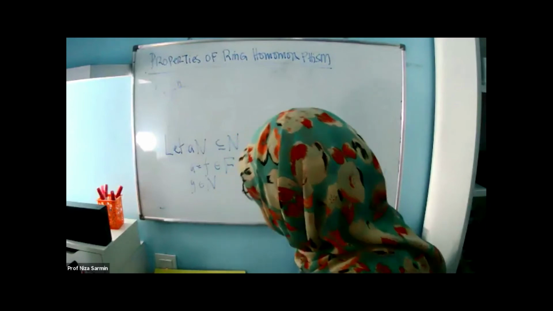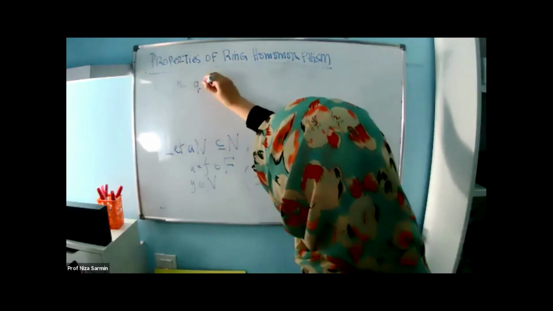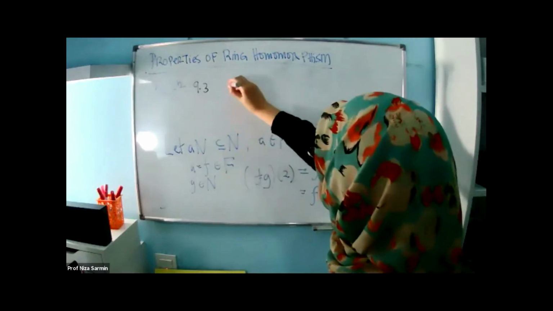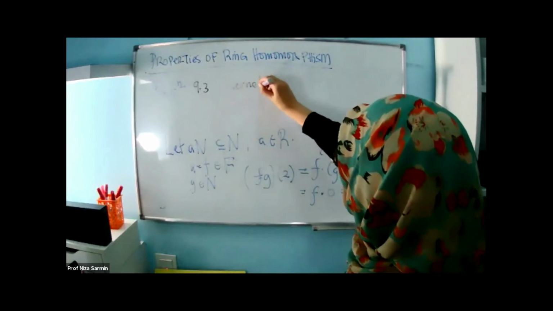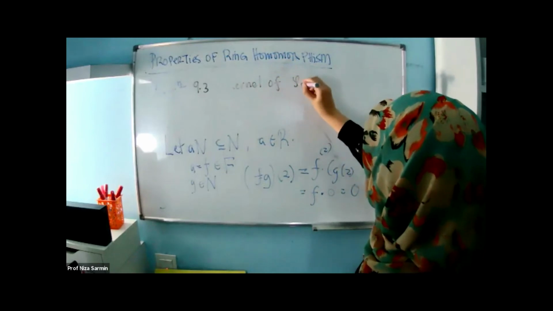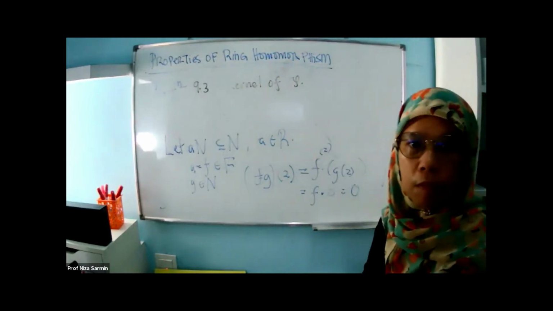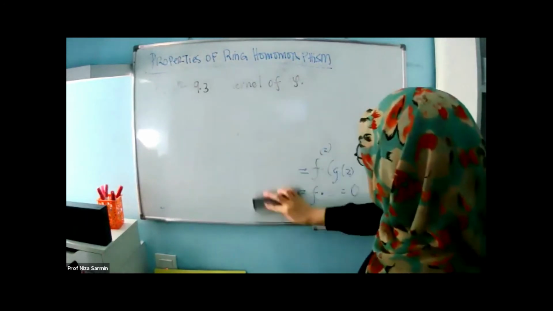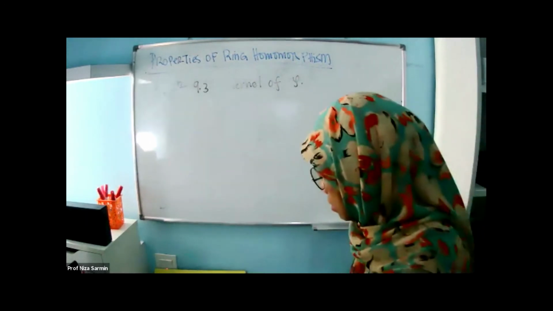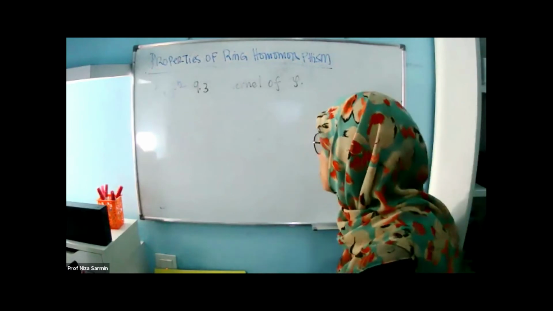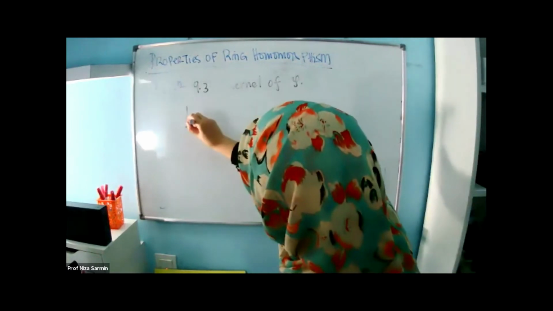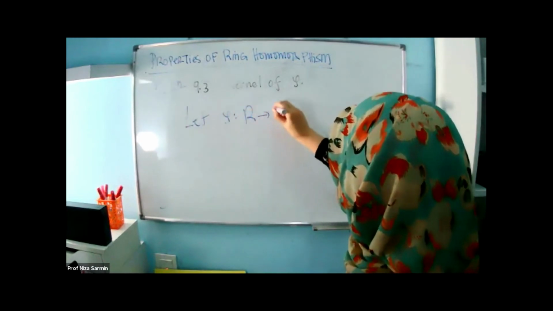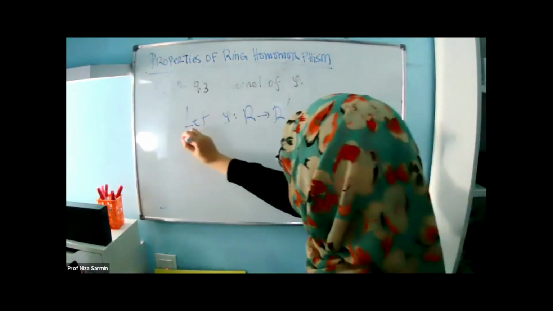Definition 9.3. Kernel of psi. So let psi be a map from R to R prime.